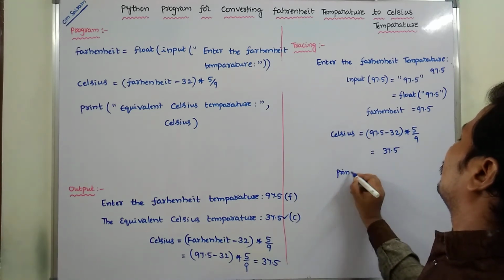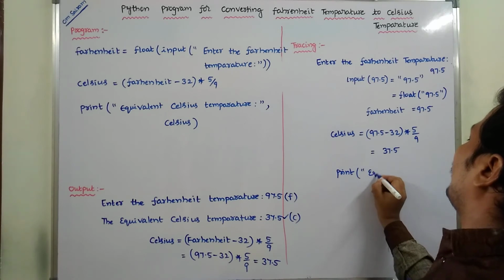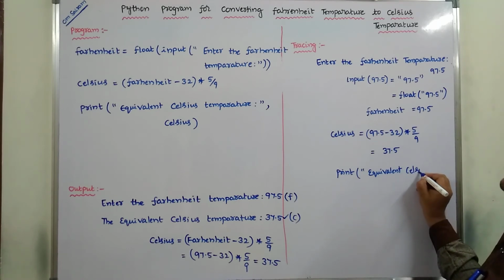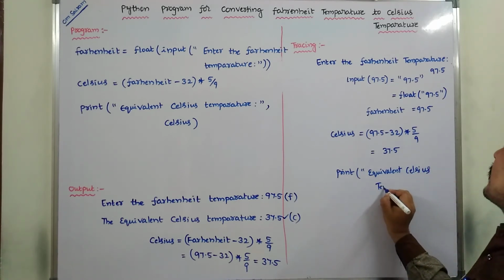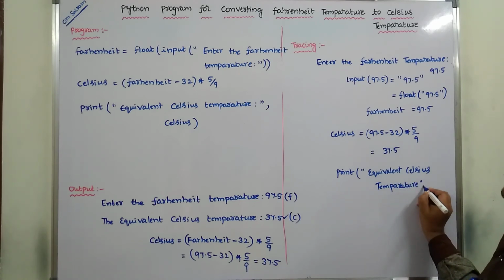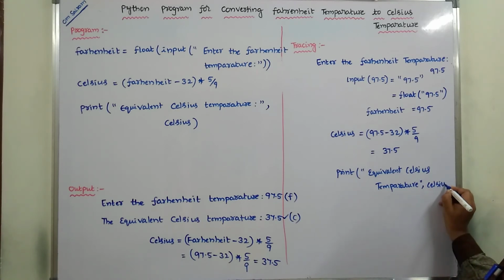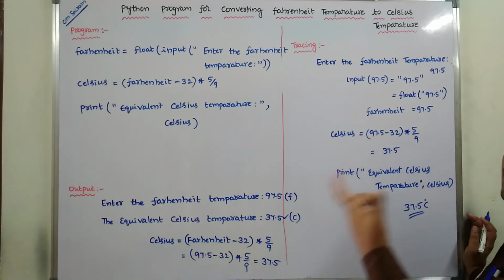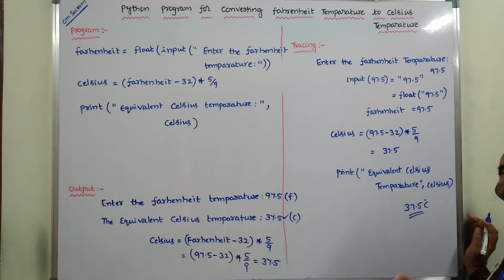So print "equivalent Celsius temperature", Celsius. Whatever value is stored in Celsius, that value is printed. That value is 37.5. So this is the centigrade temperature. By using this formula, we convert the given Fahrenheit temperature into Celsius temperature.